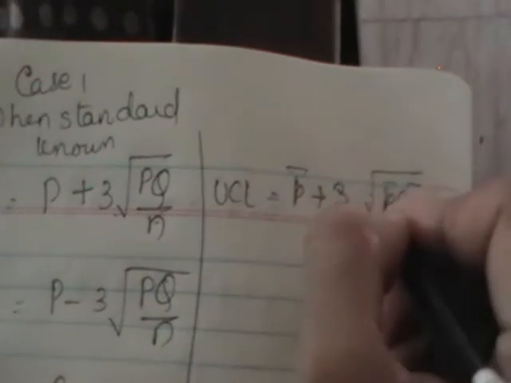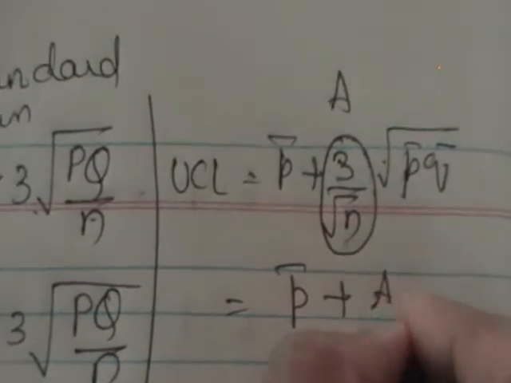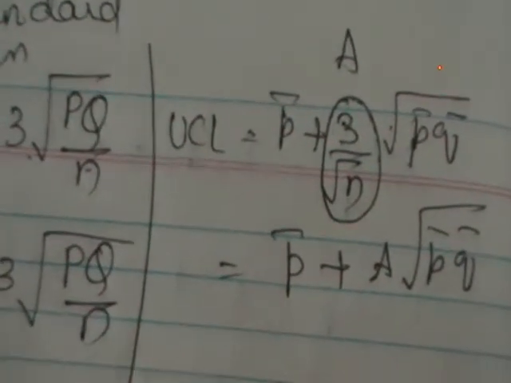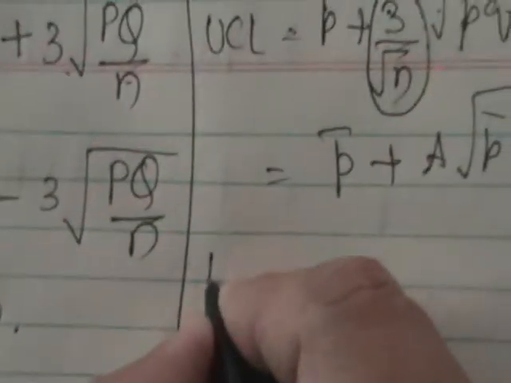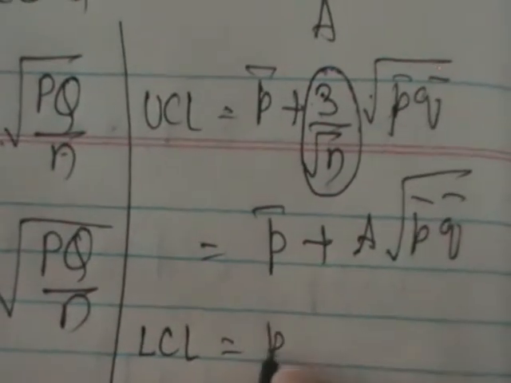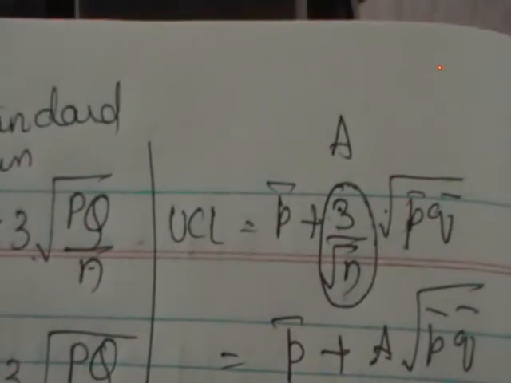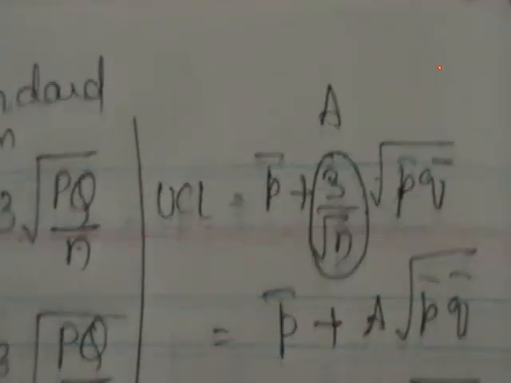Corresponding estimators we are going to substitute. If you consider this as a, you will get p bar plus a into root over p bar q bar. Always a is nothing but 3 by root over n, whether x bar chart or p chart, whatever it may be. LCL is p bar minus a into root over p bar q bar. CL is nothing but p bar. So you have constructed the control limits UCL and LCL.